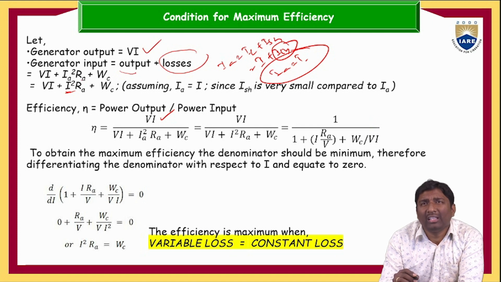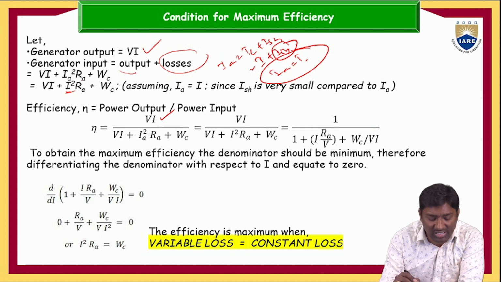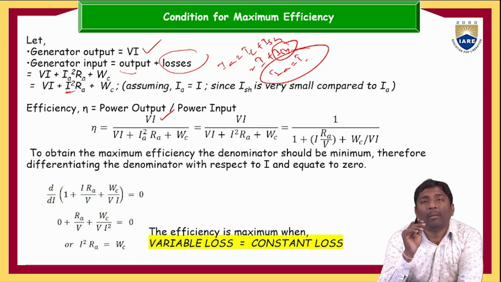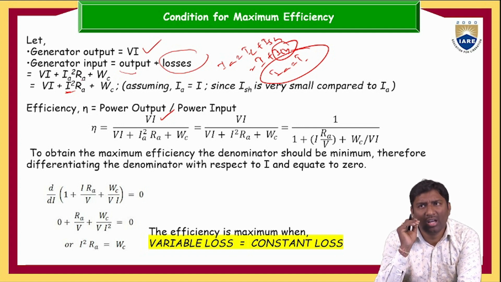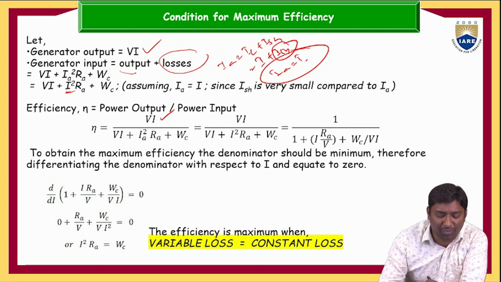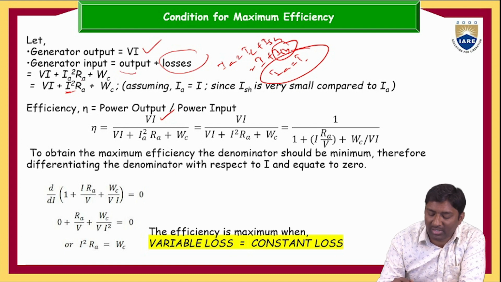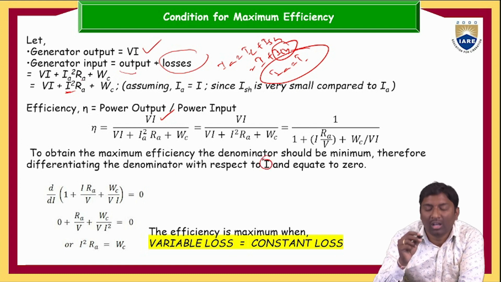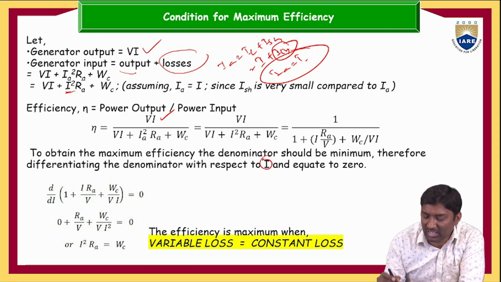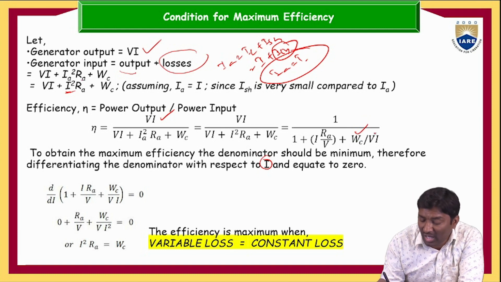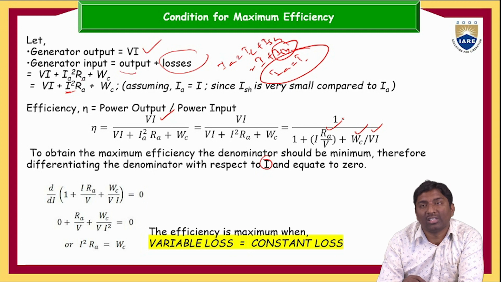For finding the condition for maximum efficiency, the denominator should be minimum. Therefore, differentiate the denominator with respect to the armature current, or this total current, and equate it to 0, because the constant losses are constant, the voltage is constant and the armature resistance is also constant. Only the current is varying.